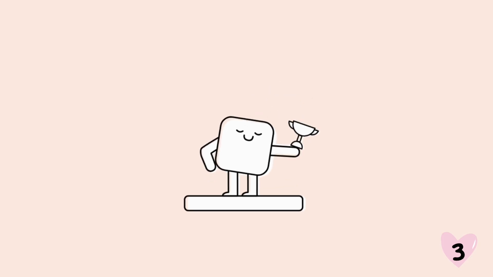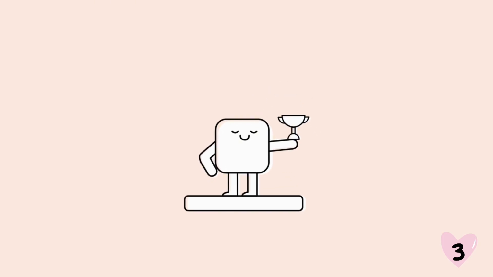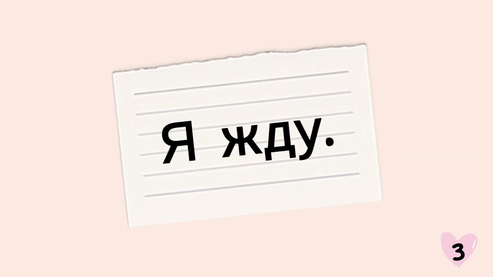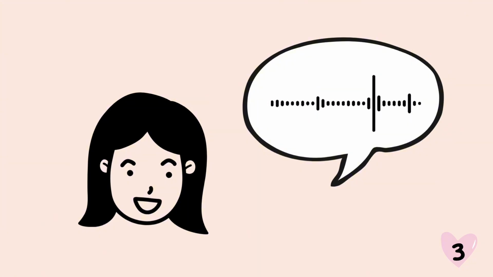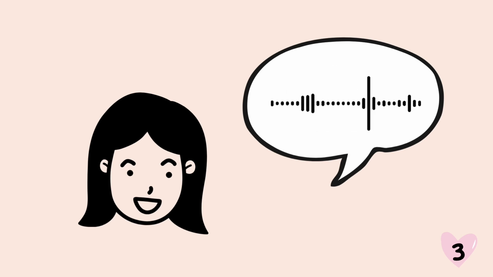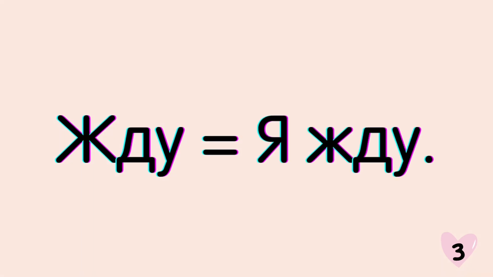Now you know a new phrase, and you can use it anytime. As always, you can just say жду instead of я жду. You're basically just dropping the word я, and the meaning stays the same. No matter if you say жду or я жду.